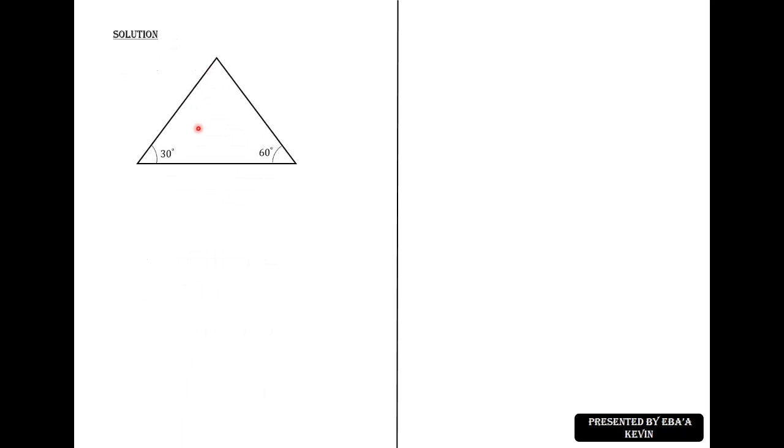We have been told that we have two particles connected by a light inextensible string which passes over a smooth pulley fixed at the top of the wedge. The mass of particle A is 2m and the mass of particle B is 6m.